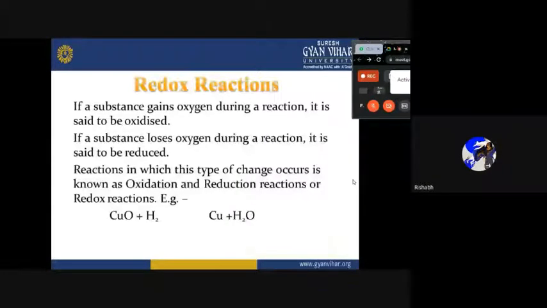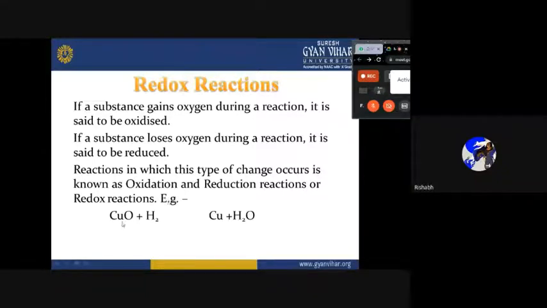Now comes the next reaction, the redox reaction, a very important reaction. If a substance gains oxygen during a reaction, it is said to be oxidized. If a substance loses oxygen during a reaction, it is said to be reduced. Reactions in which this type of change occurs are known as oxidation and reduction reactions, or redox reactions.